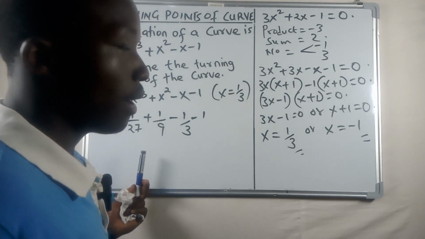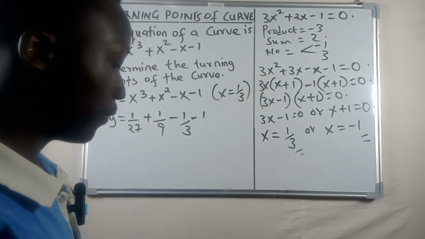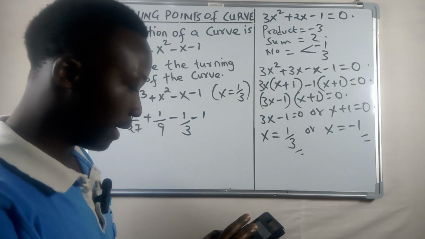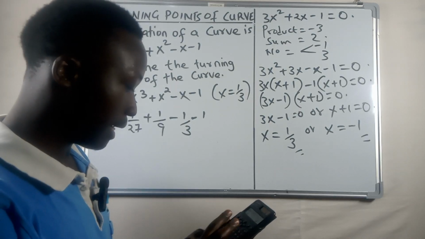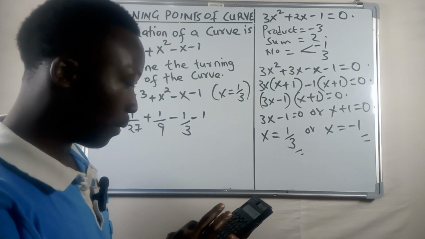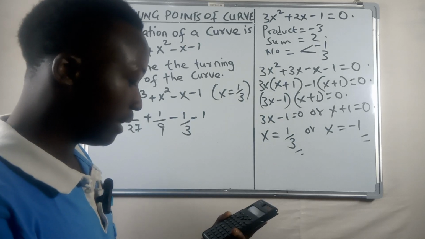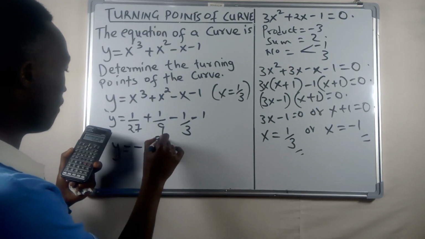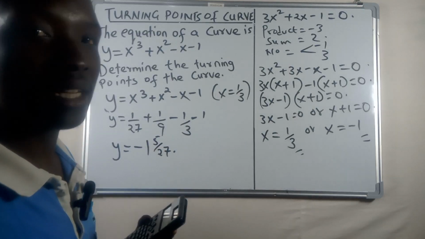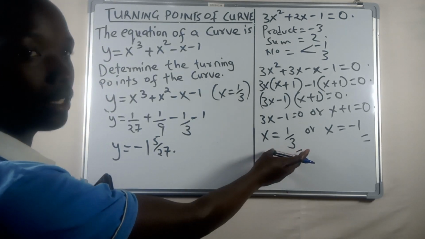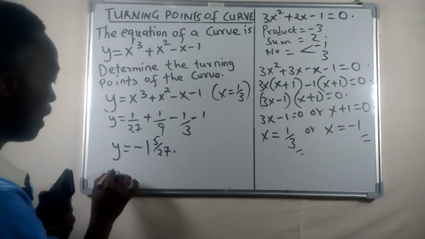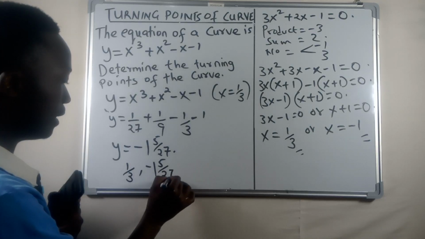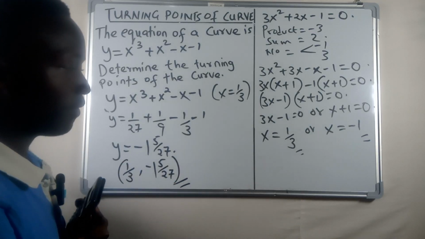So we can use an electronic calculator to determine that 1 over 27 plus 1 over 9 minus a third minus 1 will definitely give us y equals negative 1 5 over 27. So our first turning point is going to be a coordinate in the form x, y, and it will be a third, comma, negative 1 5 over 27. That is our first one.